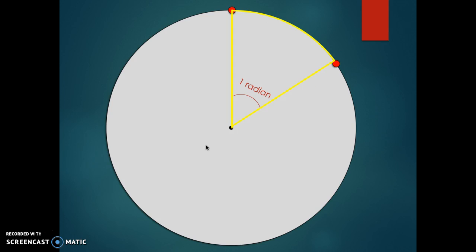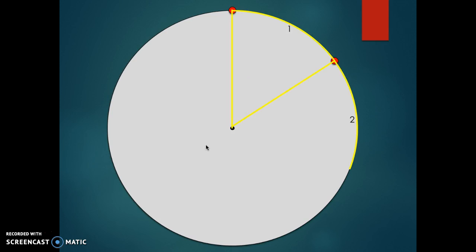Okay? Now, if we take that 1 radian and move it around the circle, that's 1, 2, 3, 4, we can fit 5, 6, and we have a little bit extra room, and what you'll find out is, if you were to measure it yourself, you would get about 6.28 radians around the circle.